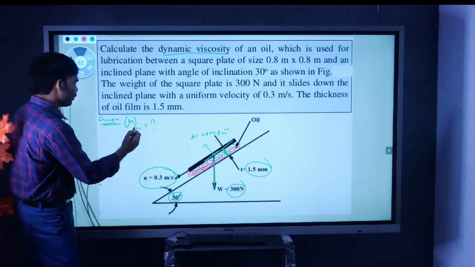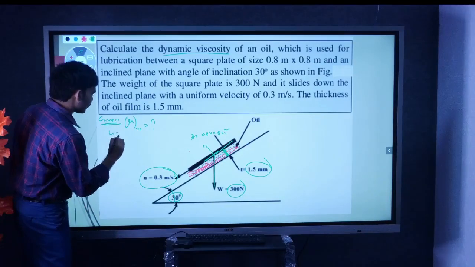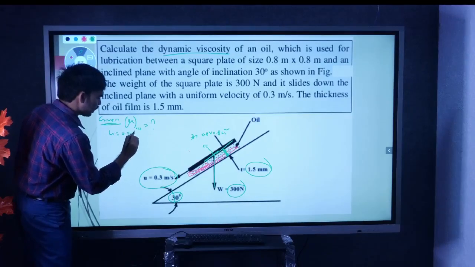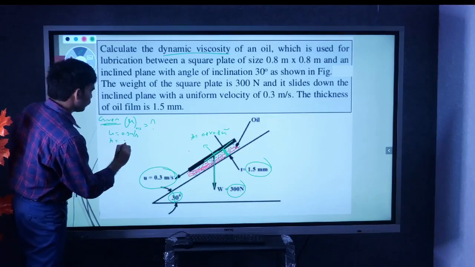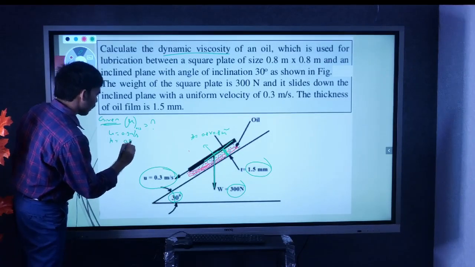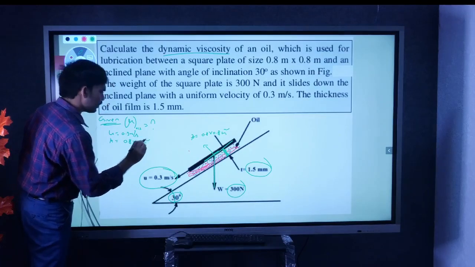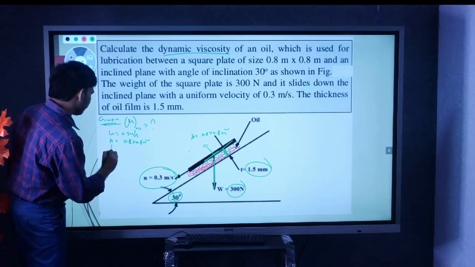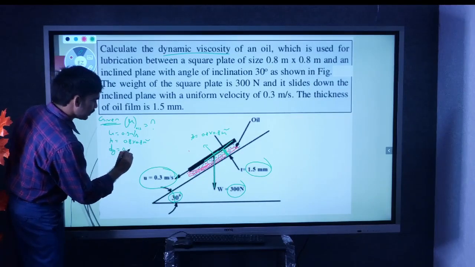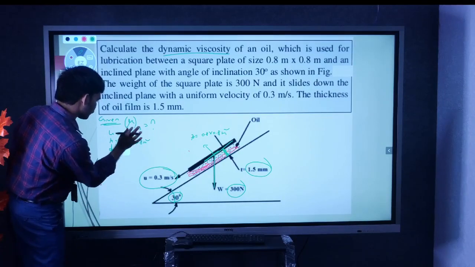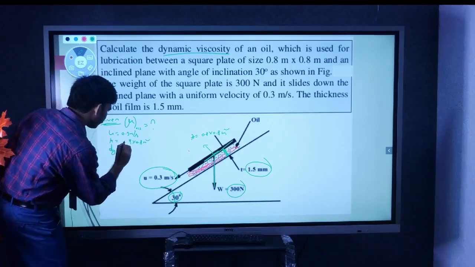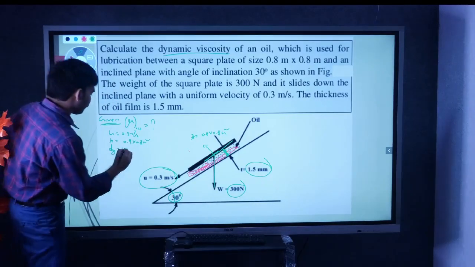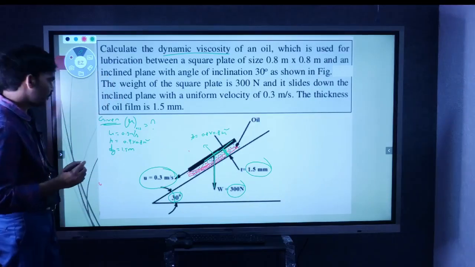So what is given? Mu value we have to find out. U is given as 0.3 meter per second, the area of the plate is given as 0.8 into 0.8 meter square, and the thickness, that means dy or y, is given as 1.5 mm.